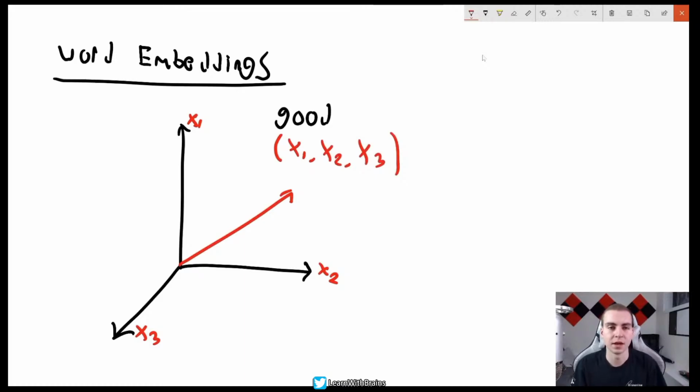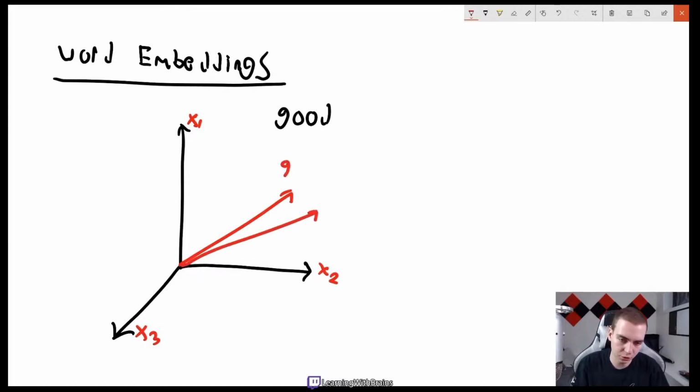And our hope is that by using this word embeddings layer, and we'll talk about how it accomplishes this in a second, we can have vectors that represent very similar words being very similar, which means that if we have the vector good here, we would hope the vector happy from our previous example would be a vector that points in a similar direction to it, where the angle between these two vectors, and maybe I'll draw it here so we can see, is small so that we know that these words are similar.